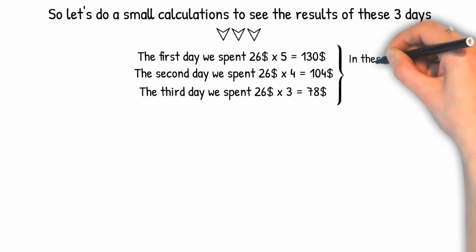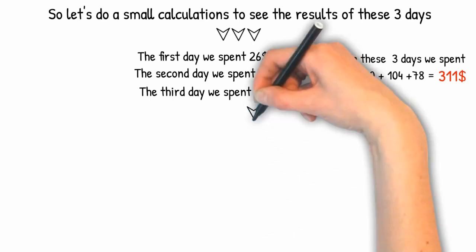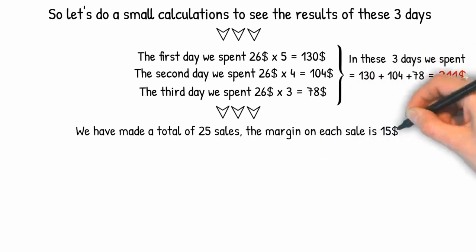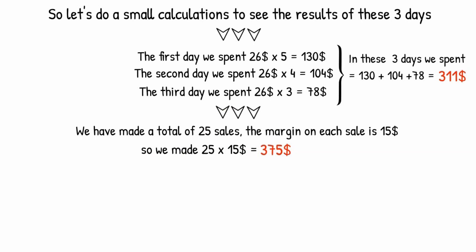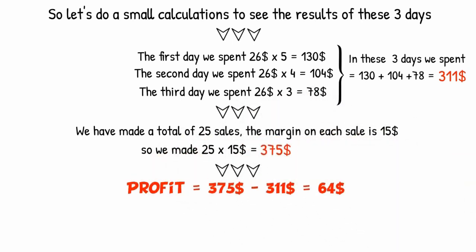So in these 3 days, we spent 130 plus 104 plus 78 equal to $311. And we have made a total of 25 sales. The margin of each sale is $15. So we made $375. So our profit is equal to $375 minus $311 equal to $64, which is around $21 per day.